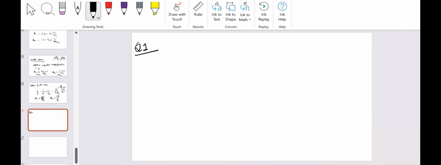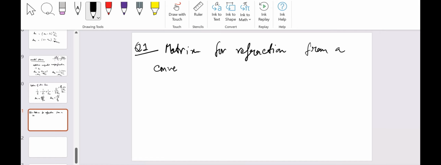Question 1 from week 2 of the previous year: the matrix for refraction from a convex lens of focal length f is.